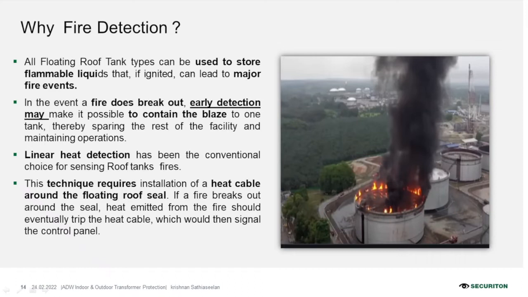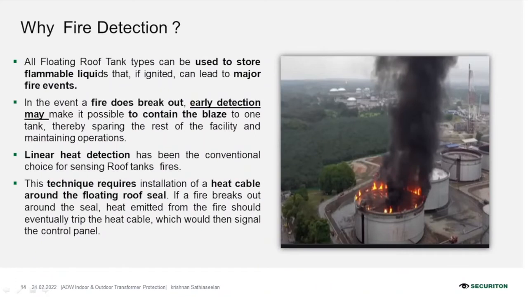As mentioned, there were 9 major incidents in the research itself. In the event of a fire breakout, you need early detection so that it's possible to contain the blaze and extinguish it as fast as possible, so the damage can be suppressed early without spreading to other nearby floating roof tanks.